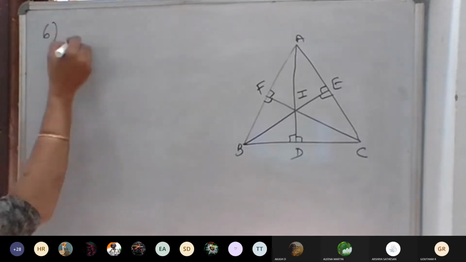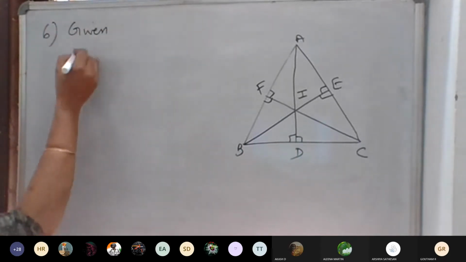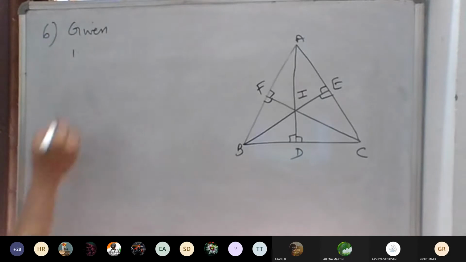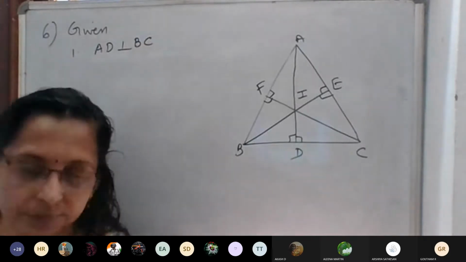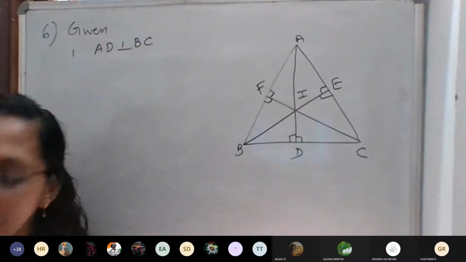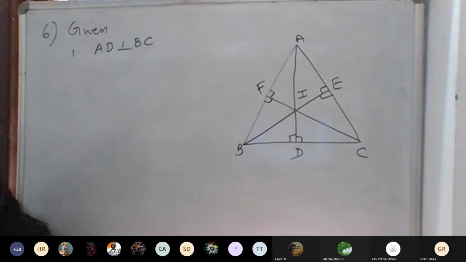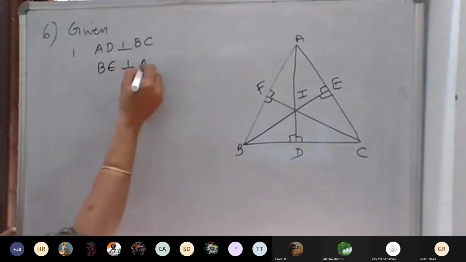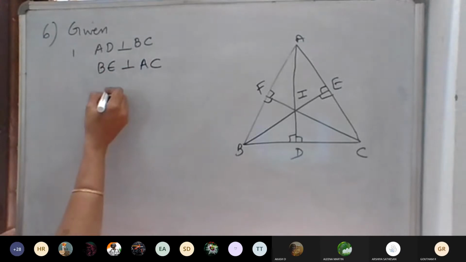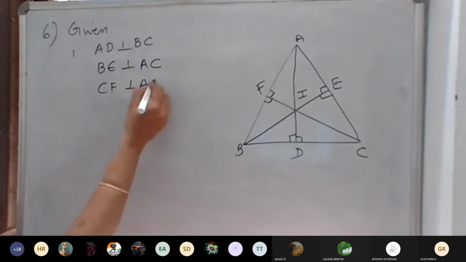Hello? Are you here? Yes, ma'am. Then tell me what are the things we have to write. The perpendicular bisectors of triangle ABC. So which are the perpendiculars that you have to write now? AD perpendicular to BC. Then second one, BE is perpendicular to AC. Then CF perpendicular to AB.